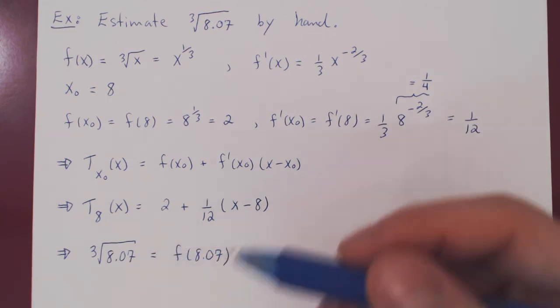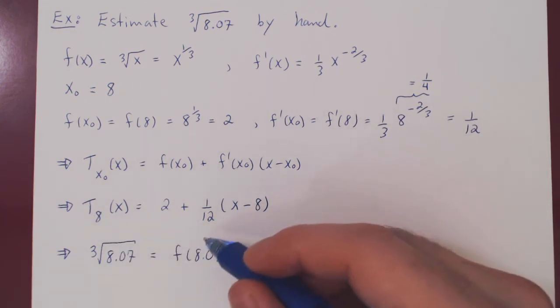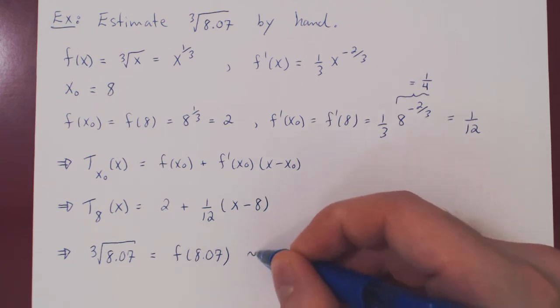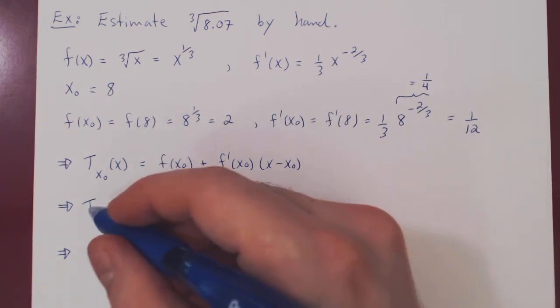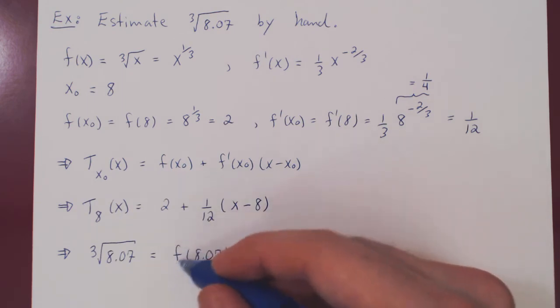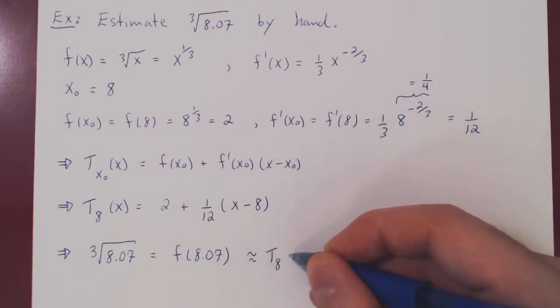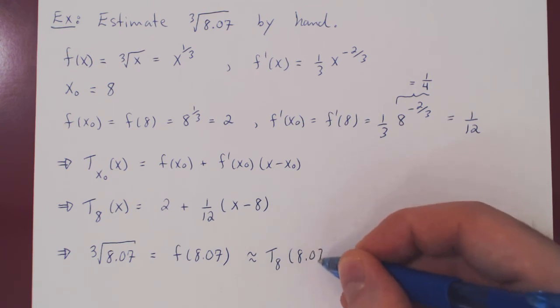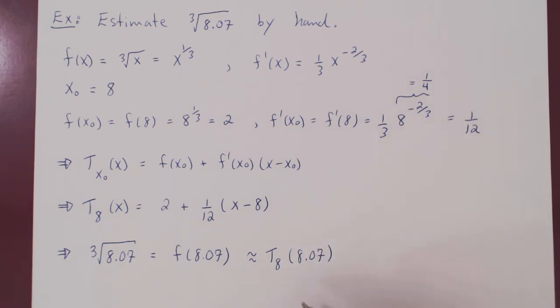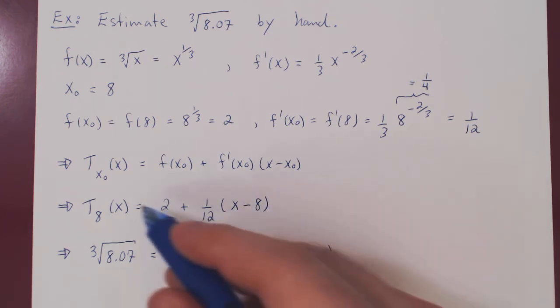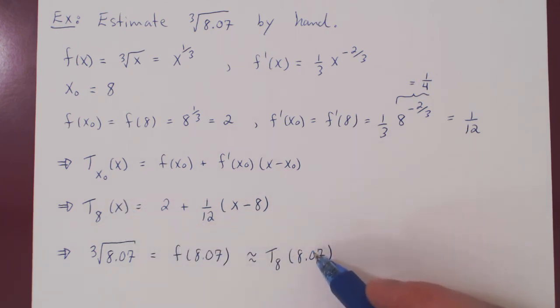So of course, because 8 is very close to 8.07, we can replace the function by its linear approximation, replacing f by t sub 8 at 8.07. Because as long as the point of interest is close to the point of tangency, the tangent line will be approximately the function and vice versa. And now this is quite easy. We can just plug in, instead of x, 8.07 and perform the calculation.